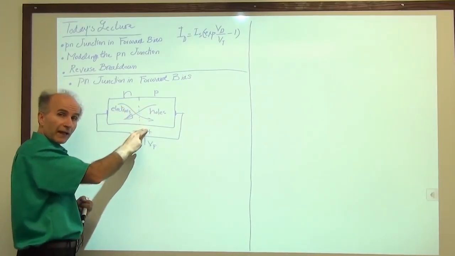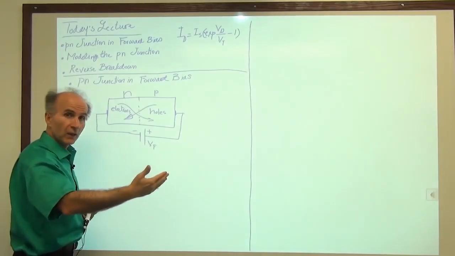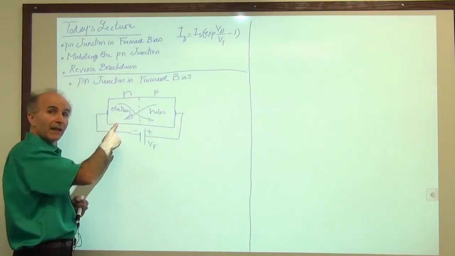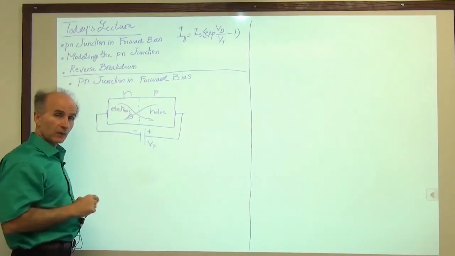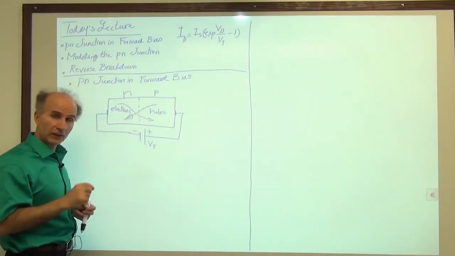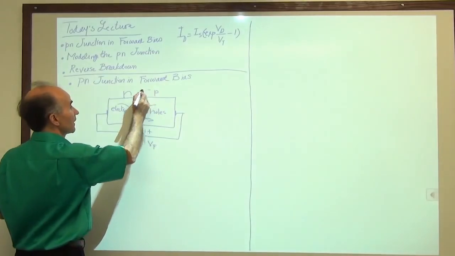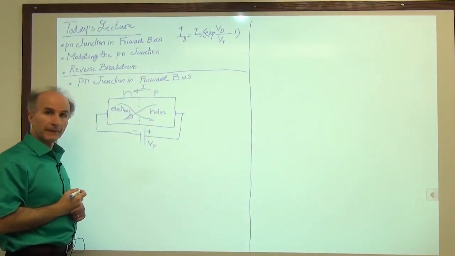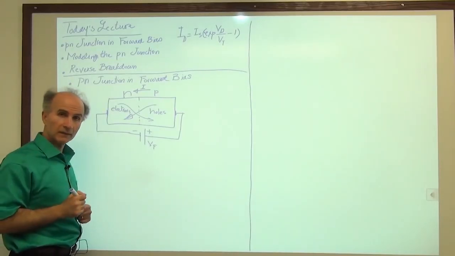So both of these actually contribute to the current. We have more current if we have electrons going this way and holes going this way than if we had only one of them. So both of these result in a conventional current going this way. And this current can go on indefinitely.